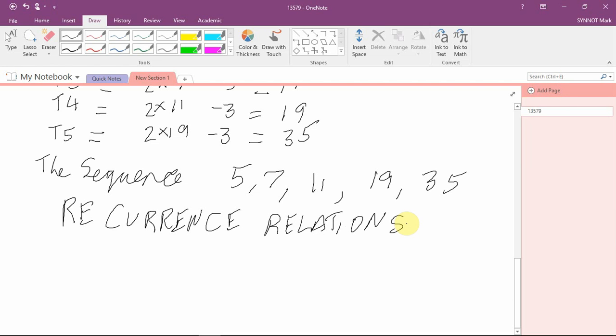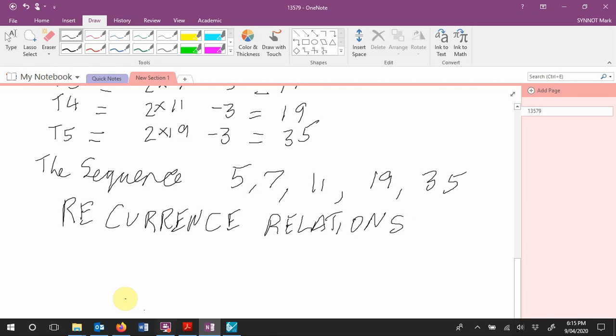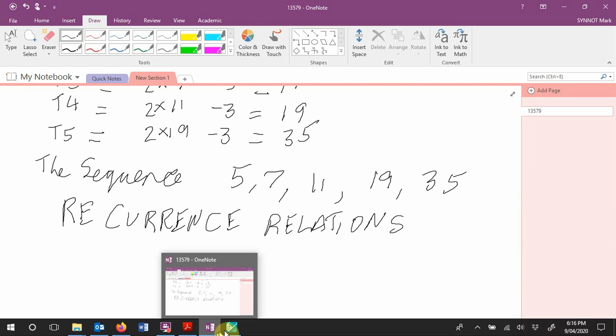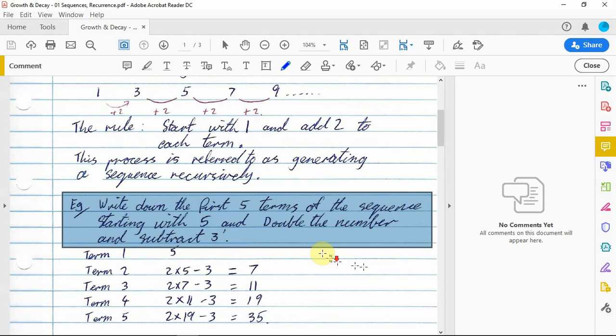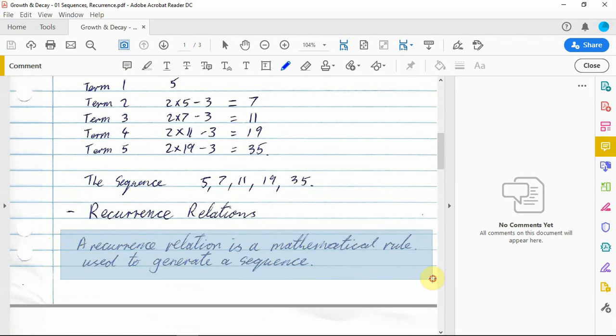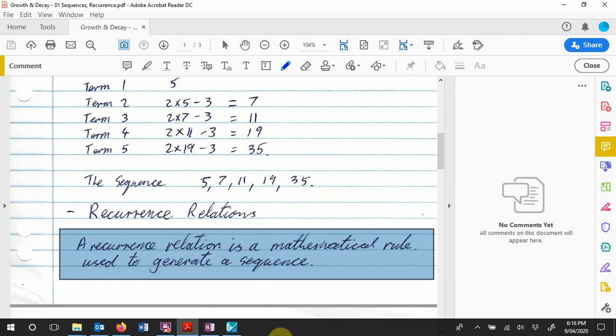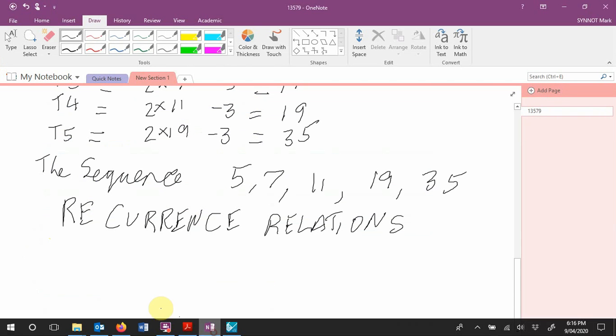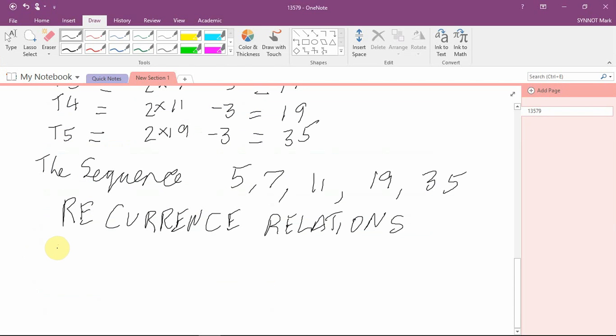All right, so what are recurrence relations? Well, essentially they are, as it says here, a mathematical rule used to generate the sequence.